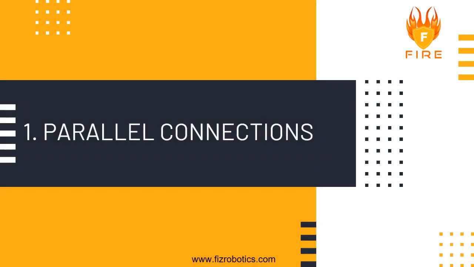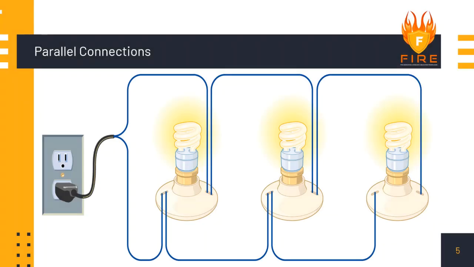Understanding circuits. Now circuits are majorly of two types. First is based on connection, that is parallel connection and series connection. So first we'll be talking about parallel connection today, right? As you can see on your screens, this is parallel connections.